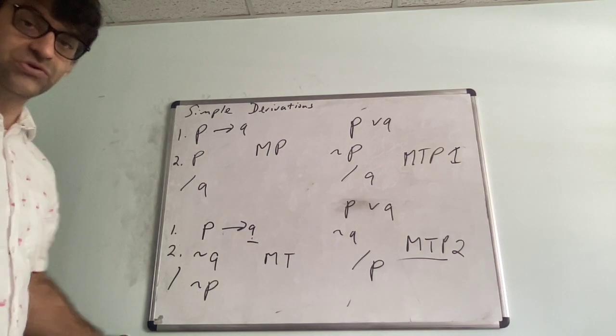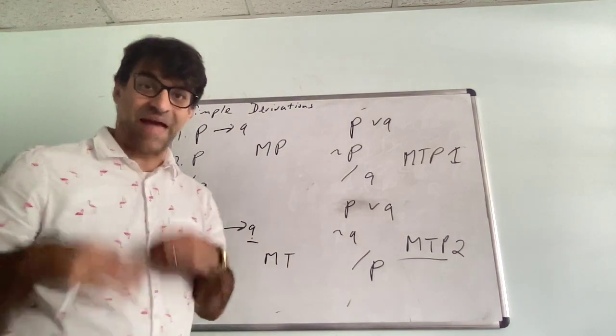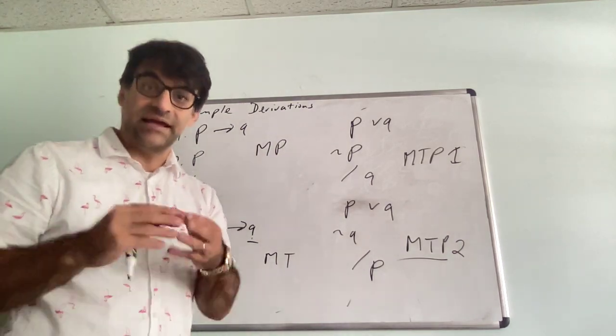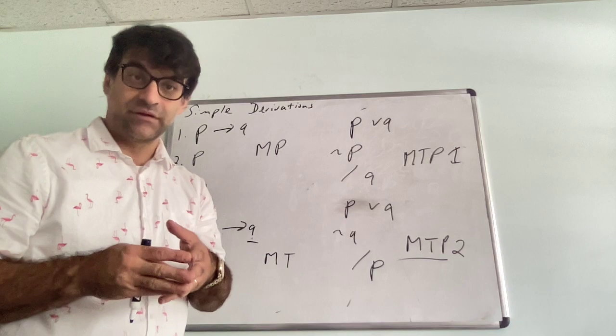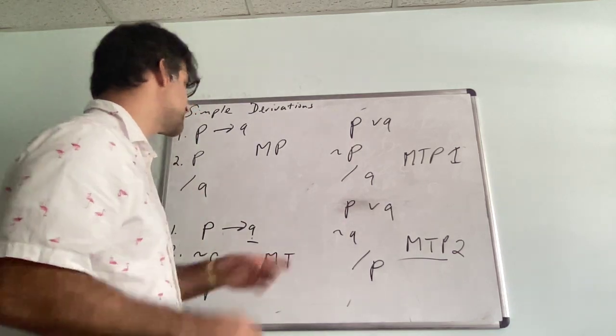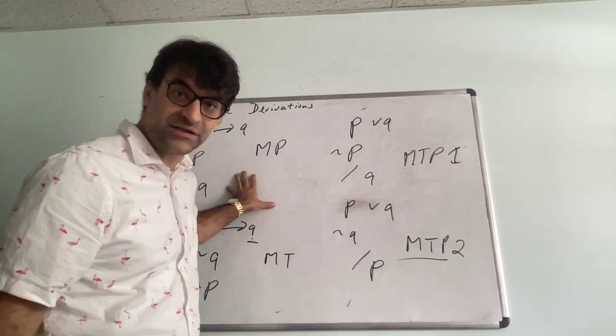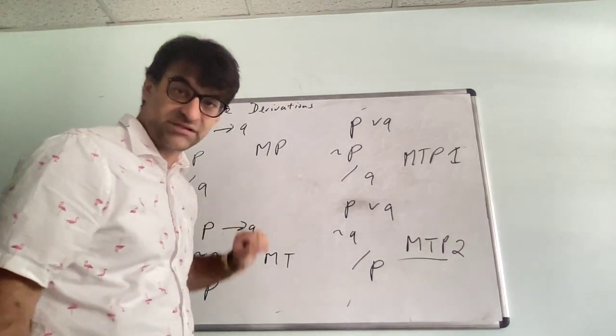Now, how do we use these rules? We use these rules to recognize patterns in arguments. These are our three rules that allow us to draw inferences from premises that we're going to give you.